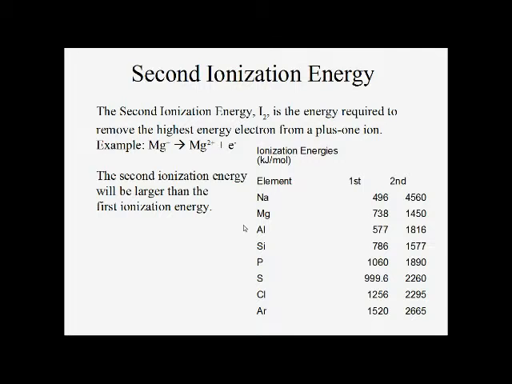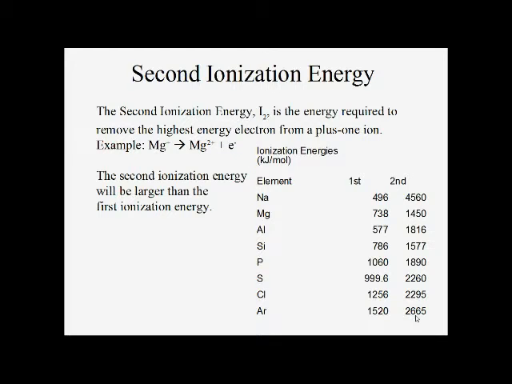So for a set of elements here, for one full row, we see that we go from 400 kilojoules per mole to 4,000 for sodium, 700 to 1,400 for magnesium, 500 to 800 for aluminum, 700 to 1,600 for silicon, 1,000 to 1,900 for phosphorus, 1,000 to 2,200 for sulfur, 1,200 to 2,300 for chlorine, and 1,500 to 2,700 for argon.